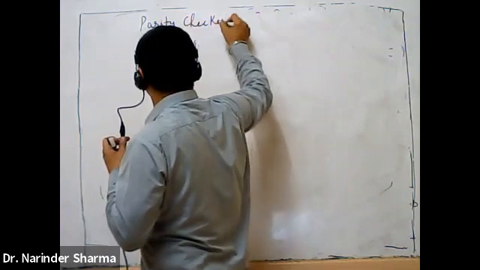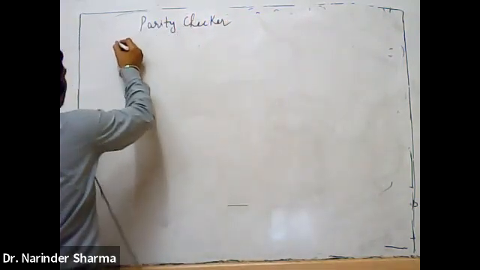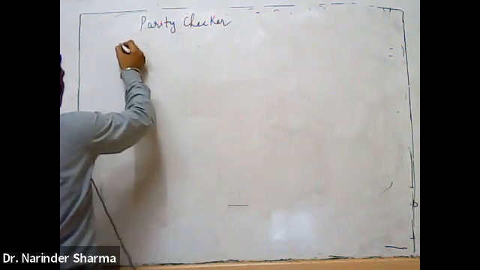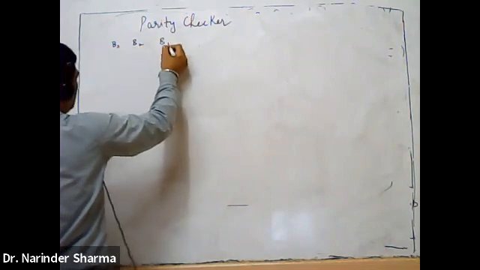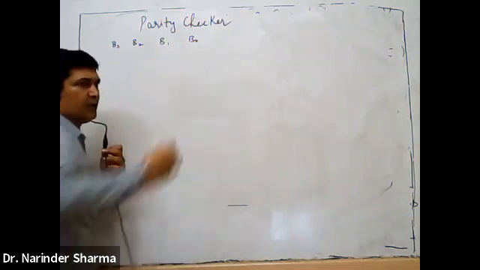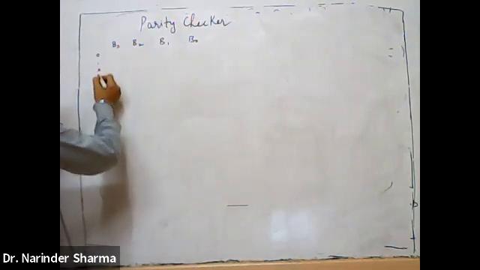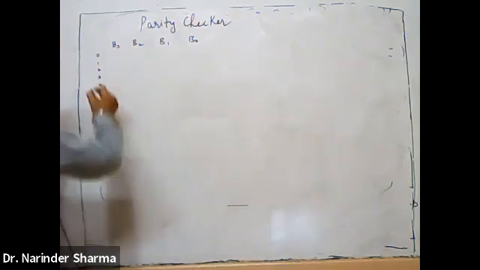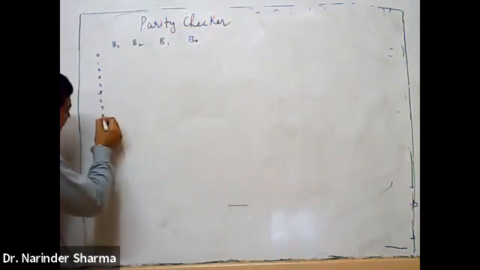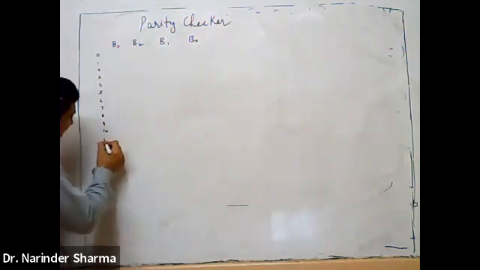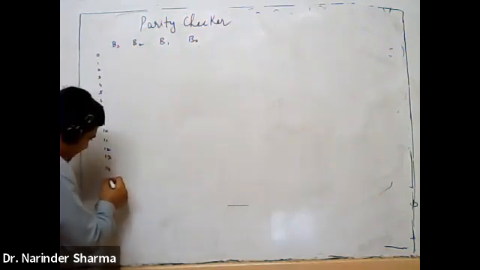Here 4 bit means you have to write 0 to 15. 1, 2, 3, 4, 5, 6, 7, 8, 9, 10, 11, 12, 13, 14, 15.